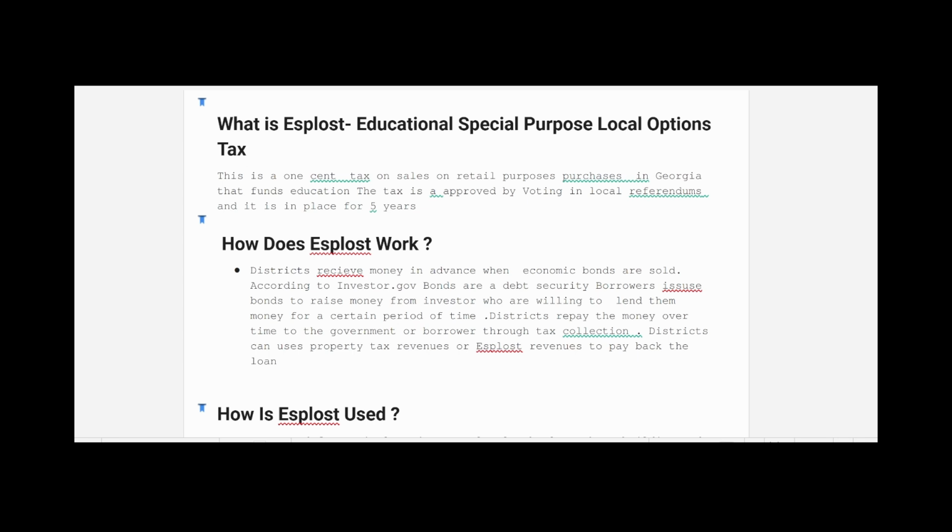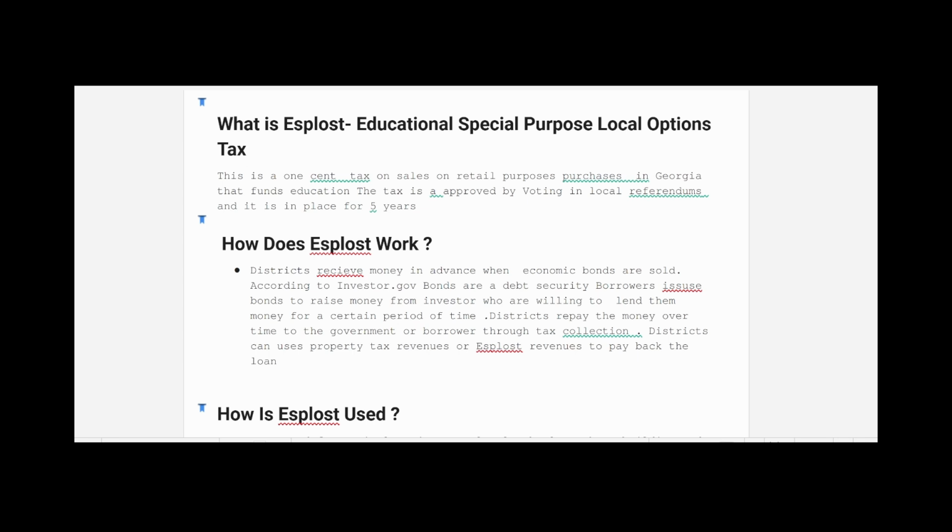Basically, what that's saying is that the state gives the local school districts money to pay for their school buildings and technology and things like that. And then they tax us to pay the state and the government back to pay the money for the school districts.